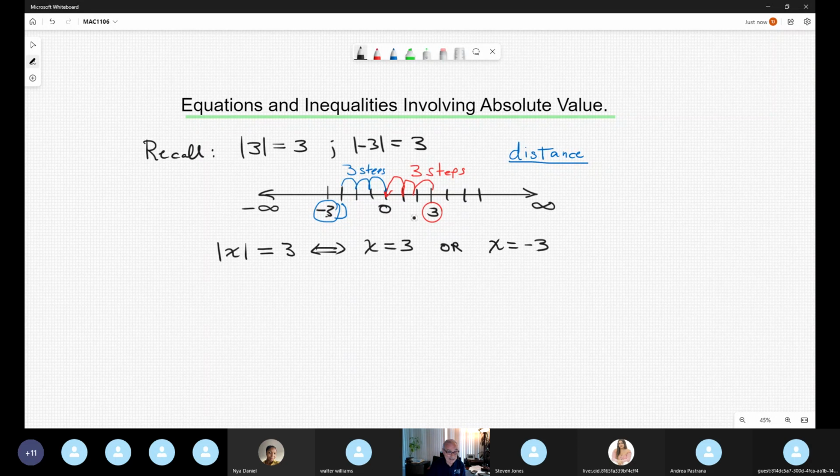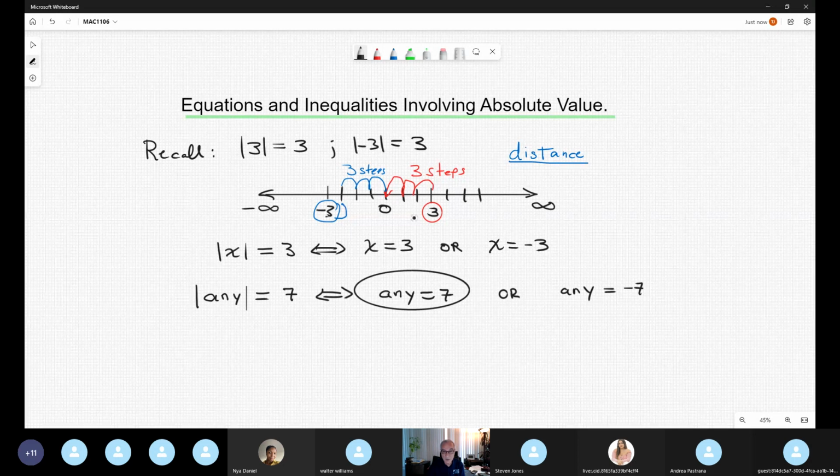Taking this idea, which is easy, elementary, when you have absolute value of any expression equals something, suppose 7, you break this equation down into 2 equations. You copy the expression without the bar, equals 7. You copy it again, without the bar, equal -7. You solve this equation and this equation separately, and we have 2 solutions.